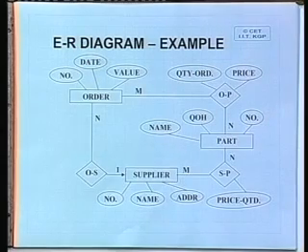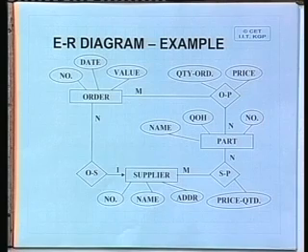Okay. So, from this example I think we are now fairly clear about what should be done when we have to design a database from a layman's point of view.